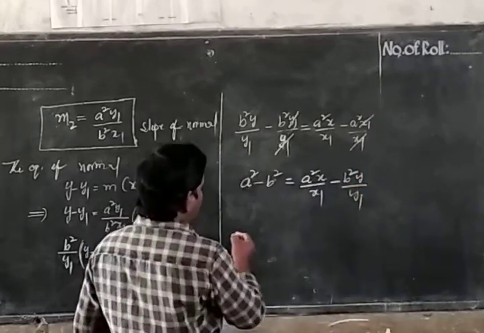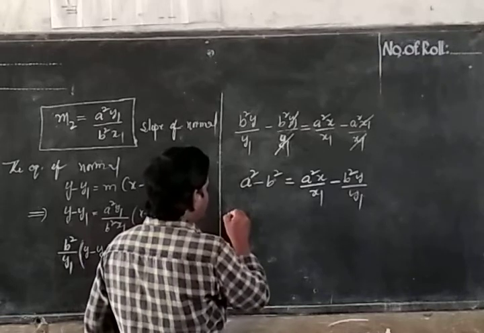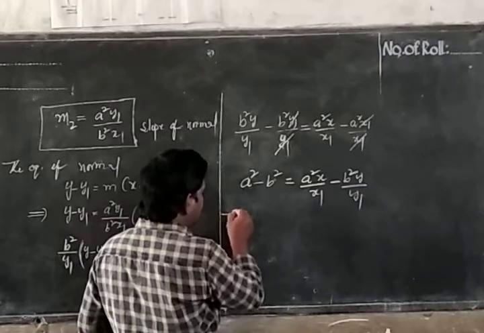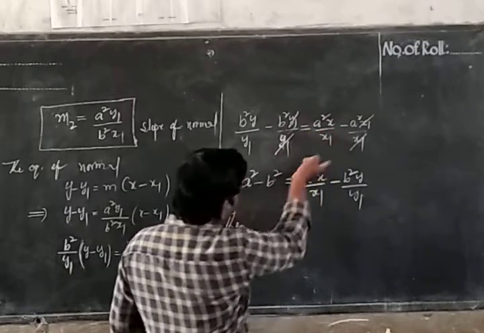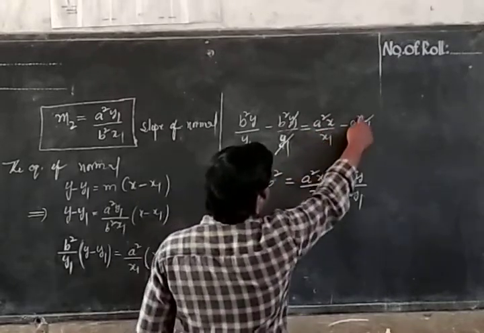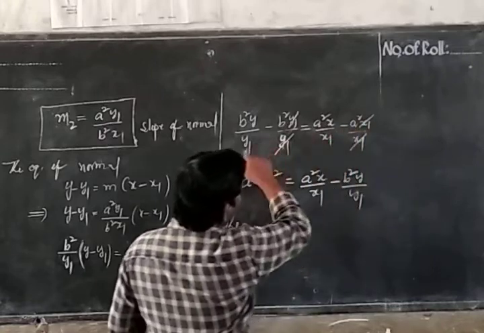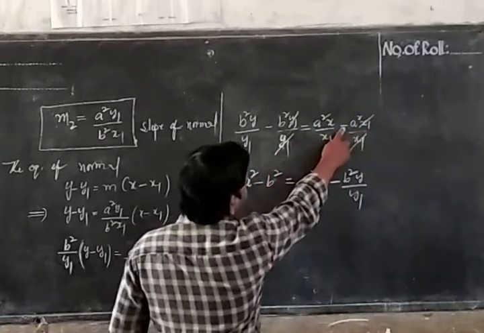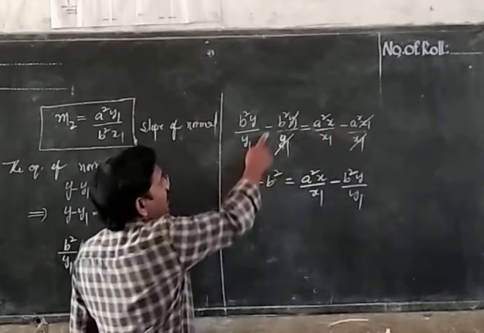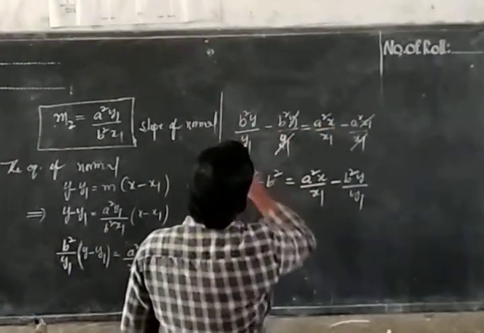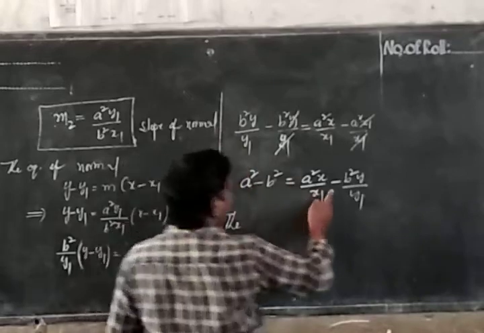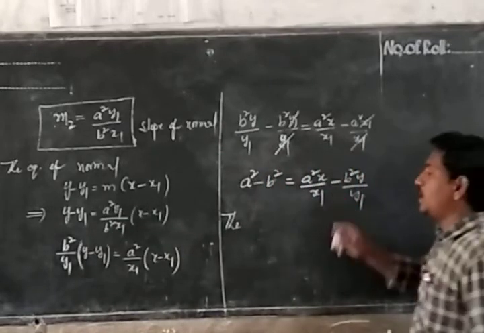So the equation of the normal: a square is transposed to here, minus a square becomes plus a square, and here minus b square. Here a square x by x1 is plus, by the transposition it becomes minus.